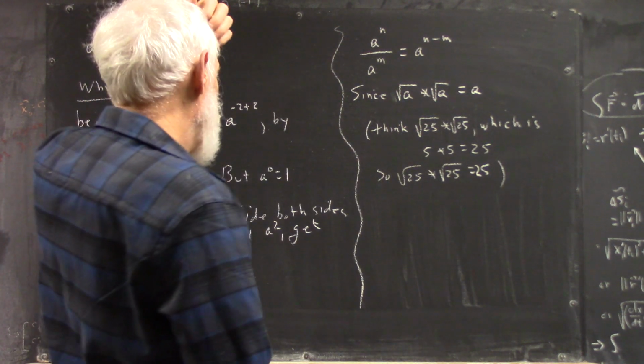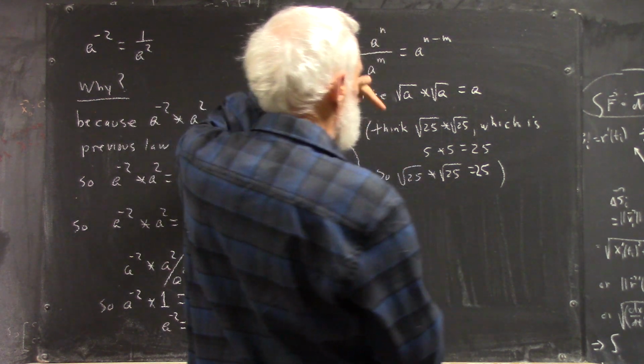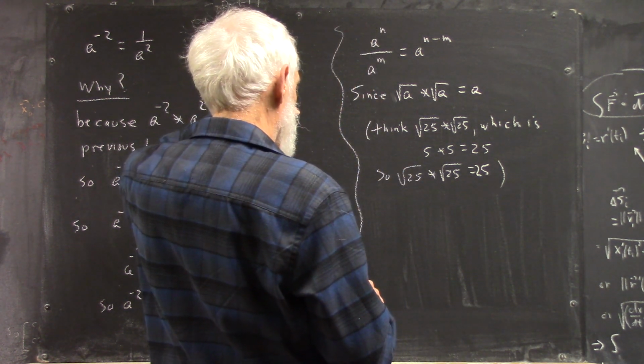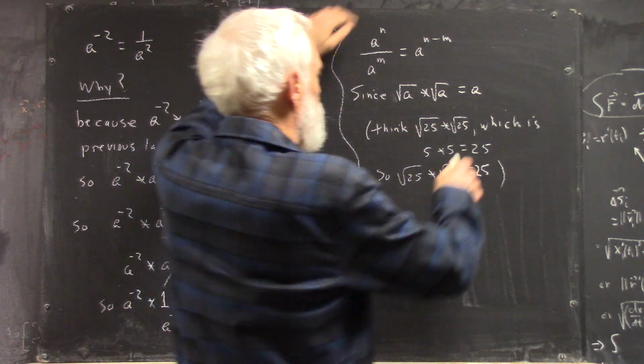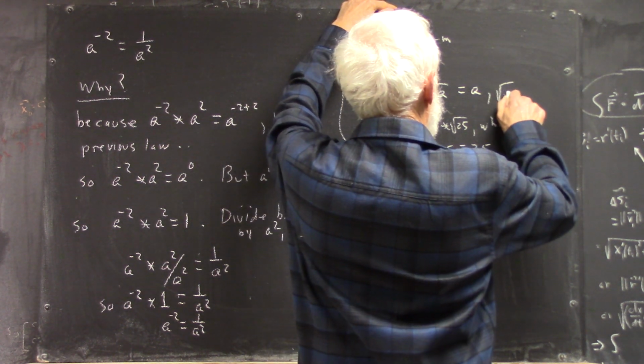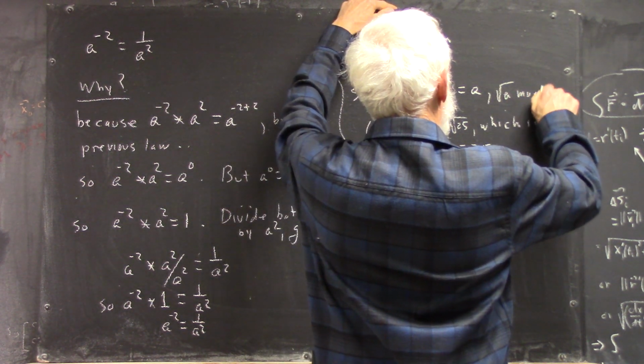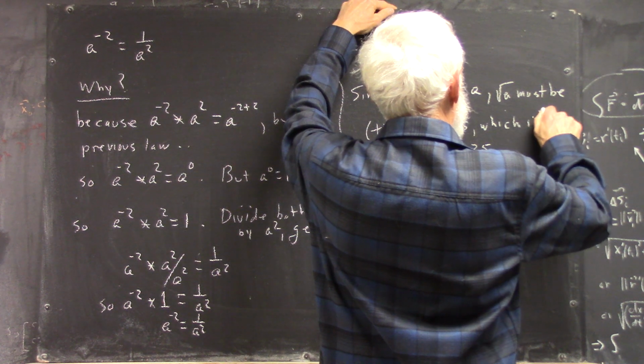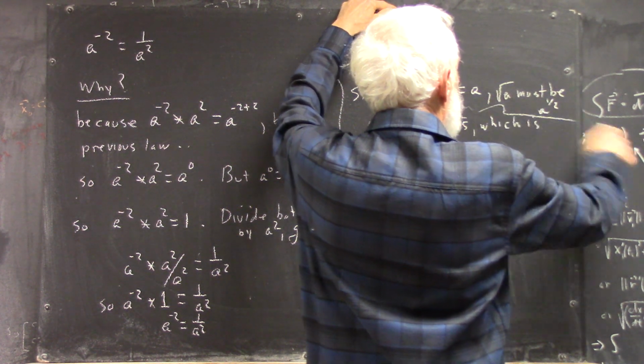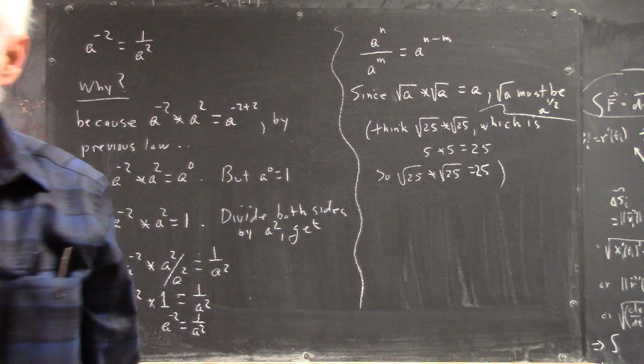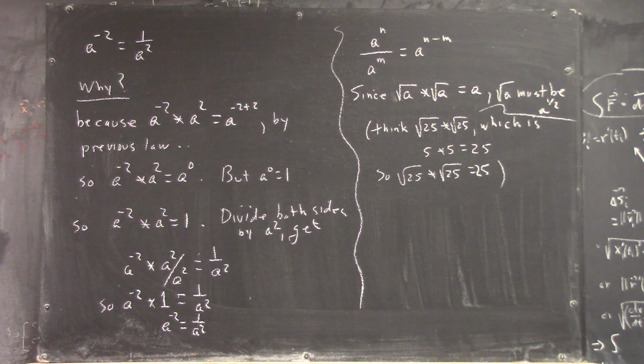Okay? So since square root of a times square root of a equals a, square root of a must be a to the 1/2. Why?